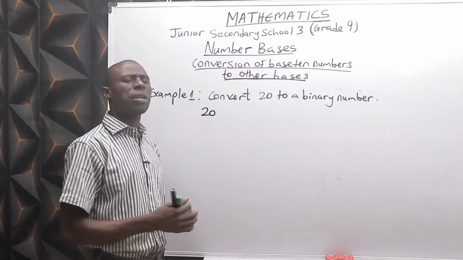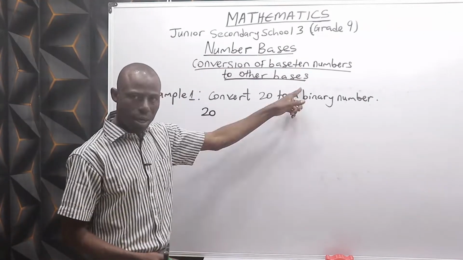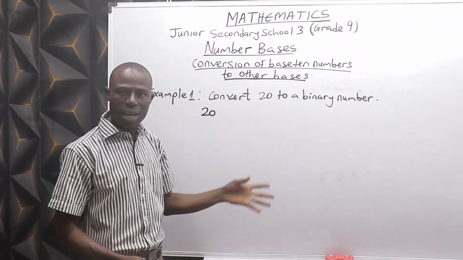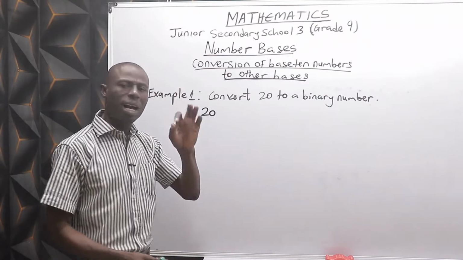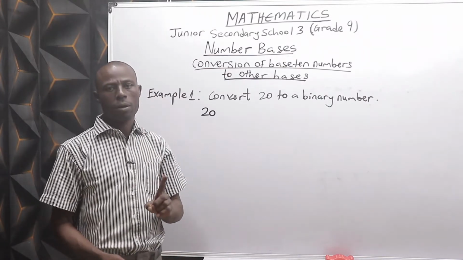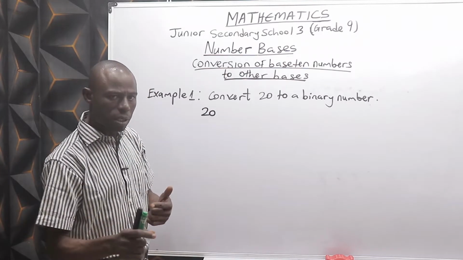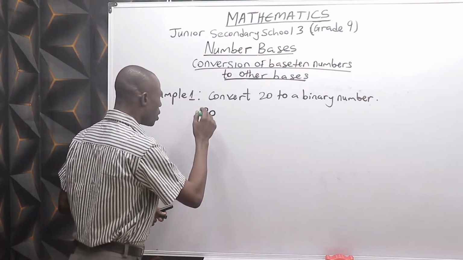To convert any number in base 10 to any other base, be it base 2 or base 3, 4, 5, 6, 7, 8, 9, 11, 12, any other one, there is only one procedure for converting numbers in base 10 to other bases, and that is the long division procedure. This is it.